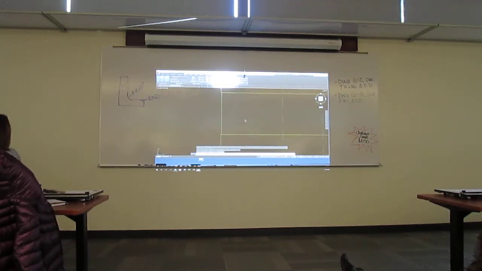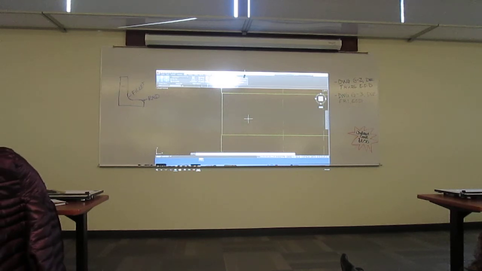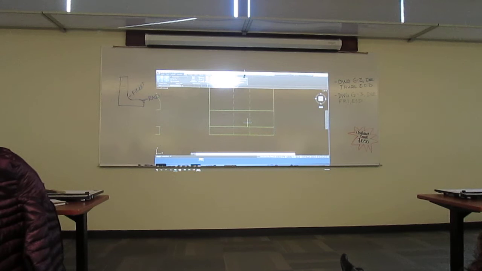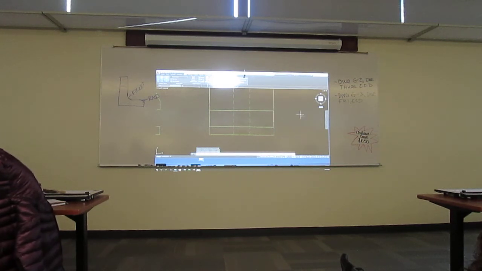So can you see that jog right there? That's what happens. Now, I'm not going to take the time to do the other side because it's identical, so I'll just mirror them. Okay, so the other side's done over here.